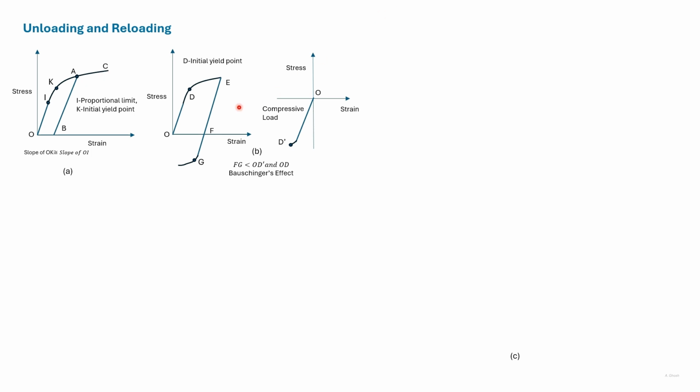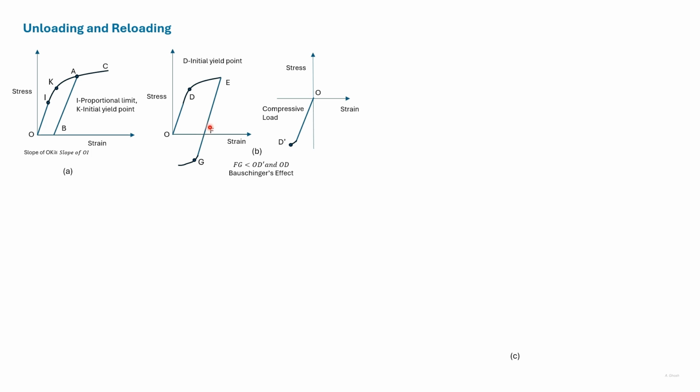Now we consider another element which, as earlier, is uniaxially loaded, and the stress-strain point passes from O to D to E. D is the yield point, so at E it has some plastic strain. If we unload it, it will follow EF.